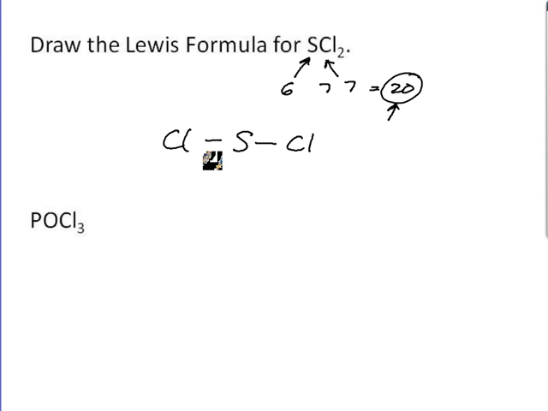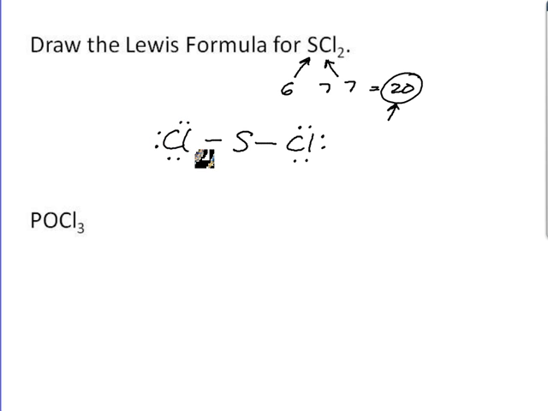Next step says, once you've got your skeleton structure, go ahead and start distributing electrons to the outside atoms, which in this case are the 2 chlorines. How many do you distribute? Well, we're going to distribute until we get to that octet. So remember, chlorine already has 2 associated with this bond, so let's give it 6 more. 3 pairs of 2. Always distribute in pairs. This chlorine over here is going to look exactly the same.